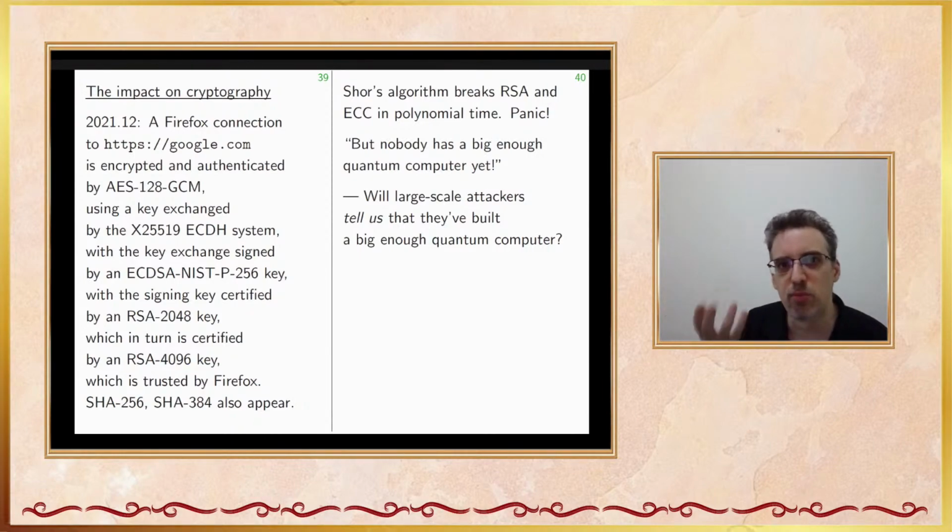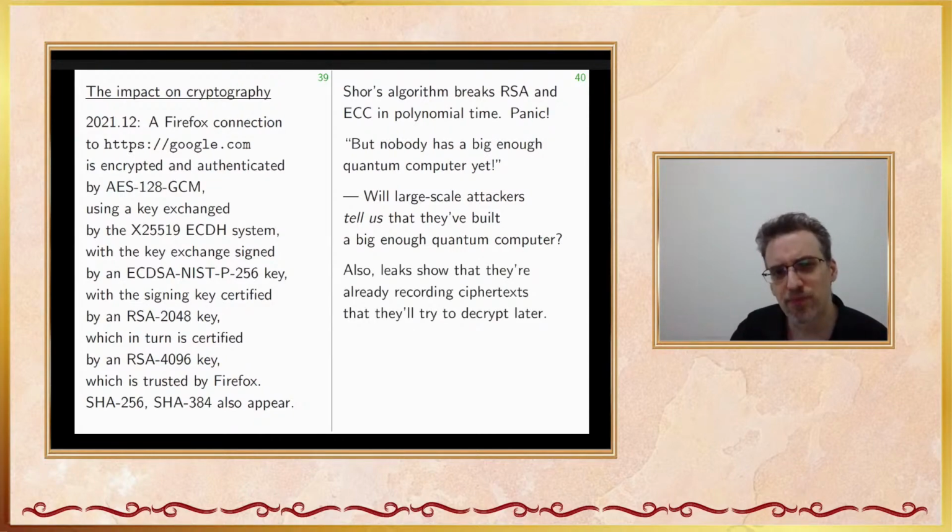So if we're just basing our decision making on IBM hasn't announced one yet or Google hasn't announced one yet, then we're not actually looking at the problem, which is the large-scale attackers who are going to be attacking us with these quantum computers. Google and IBM hopefully won't be attacking us. But large-scale attackers, once they have quantum computers, which could well be years earlier, they will be attacking us.